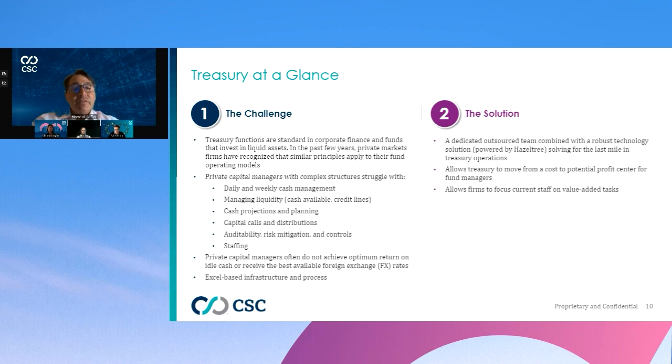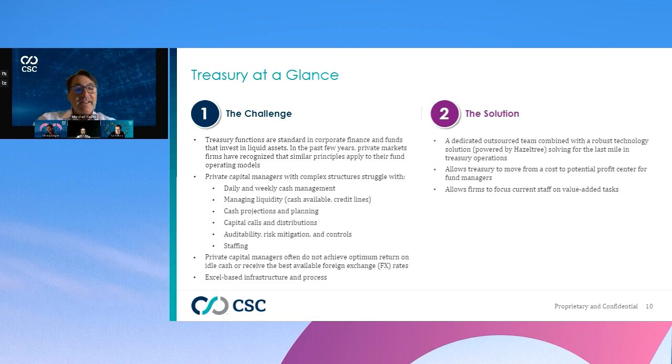So I think some of the things that we've been looking at when it comes to SPVs and overall funds in general is how can we create efficiency around this process within the industry for our clients? Can we provide solutions that help them, whether they run this internally, or can this be an outsourced function?